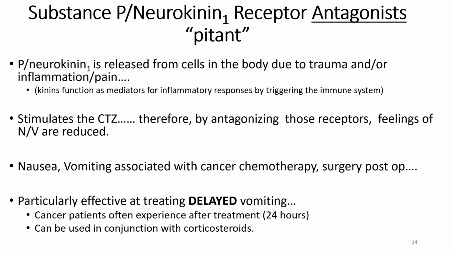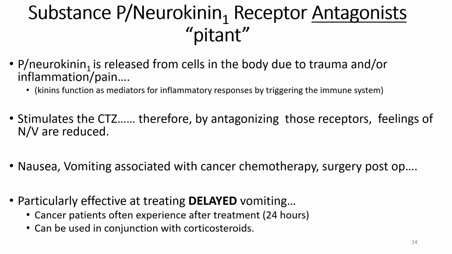So substance P can be found in the peripheral nervous system as well as the central nervous system. Okay, so it's pretty much found everywhere. Now, substance P stimulates either immediate nausea and vomiting, or it can cause delayed nausea and vomiting. Okay, so once it binds to that neurokinin receptor, it can cause either or.